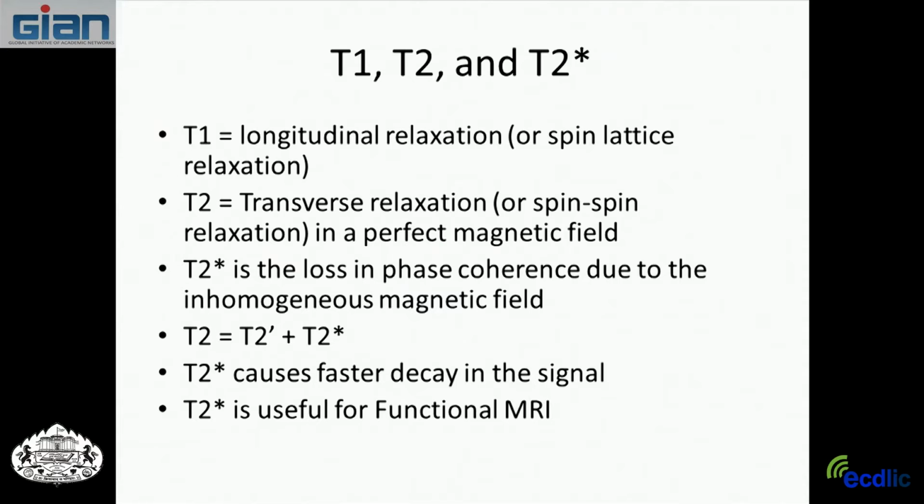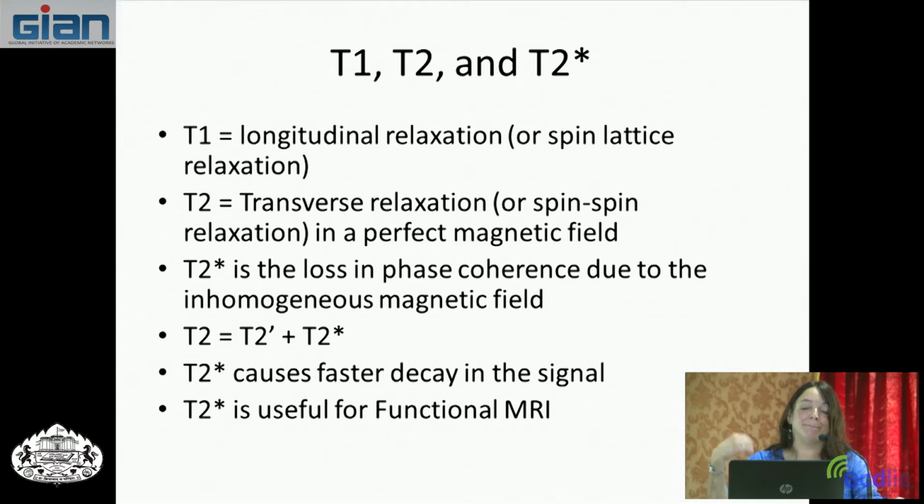So again, T1, we're talking about this longitudinal relaxation or spin lattice relaxation. T2, we're talking about the loss of phase coherence of spins as they precess and go back into their initial state. T2 star is the loss of phase coherence due to inhomogeneous magnetic fields.